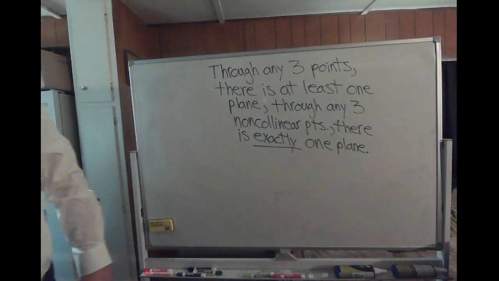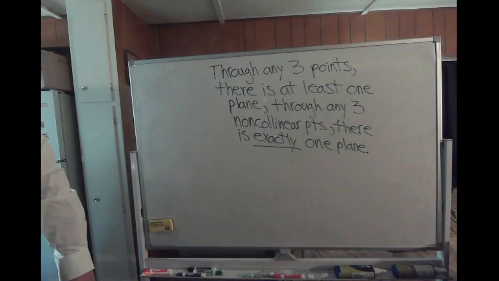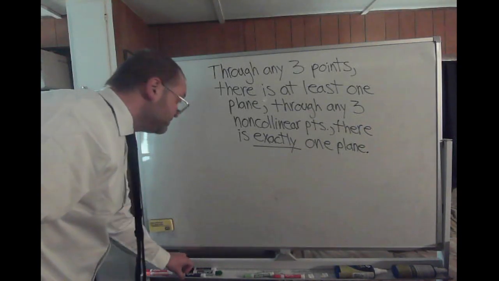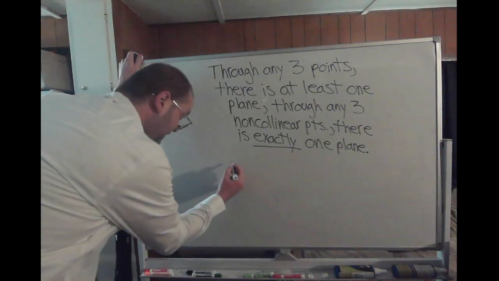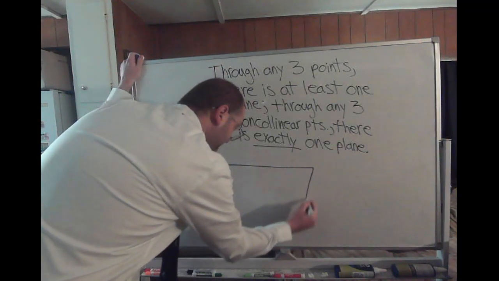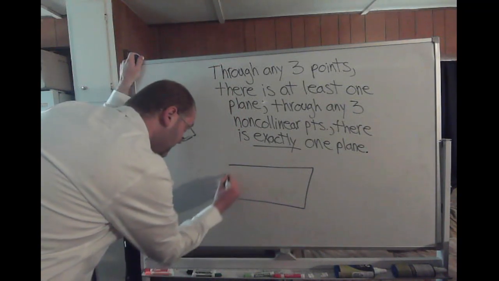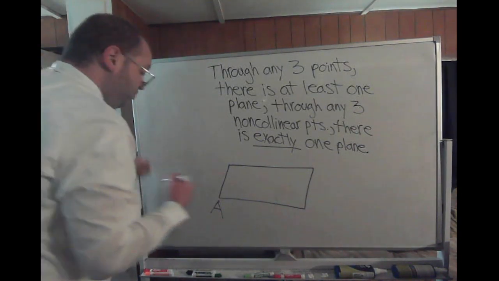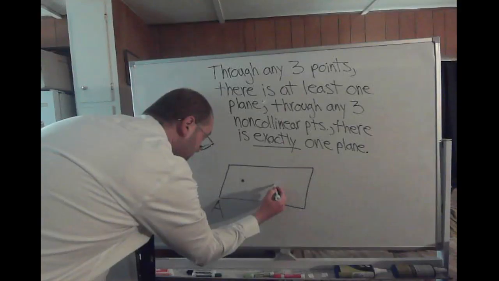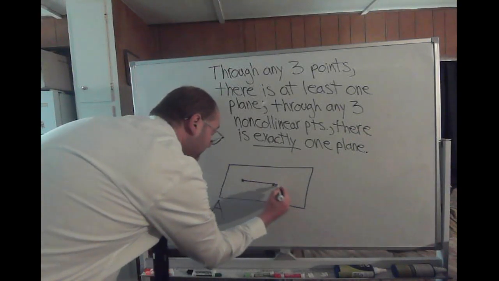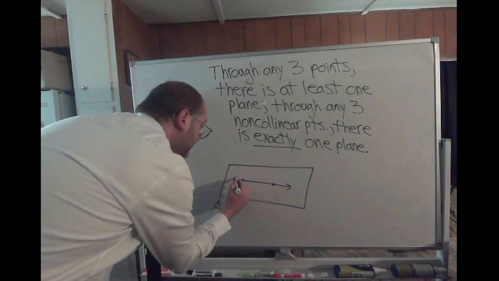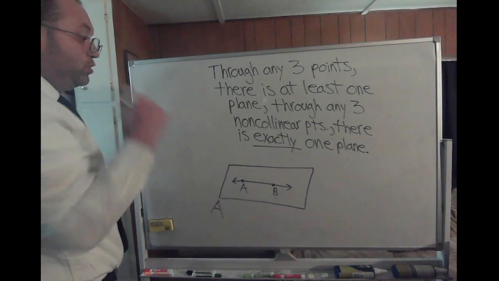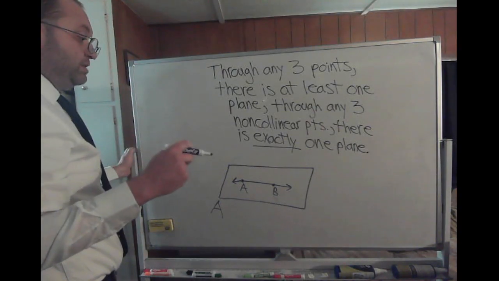Okay, so what this is here, let's draw some examples. Let's say I have a plane, right? I'll call this plane A. So I'm going to draw line AB. Let's draw again line AB in plane A. Through any 3 points, there is at least one plane.